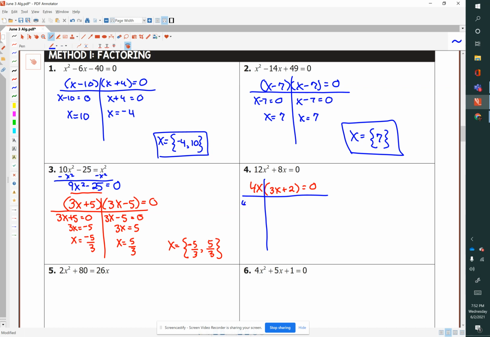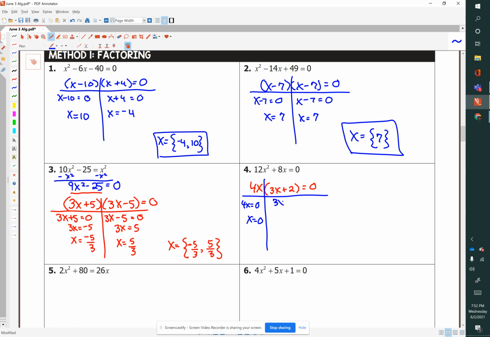And where 4x equals 0, x equals 0. So it looks like this parabola crosses the x-axis at the origin.